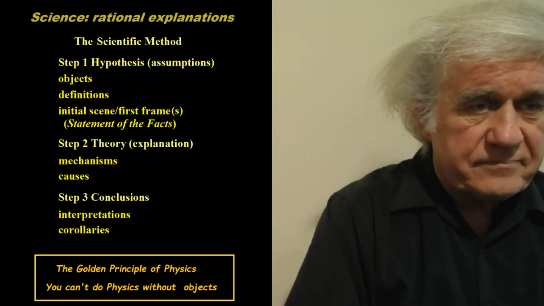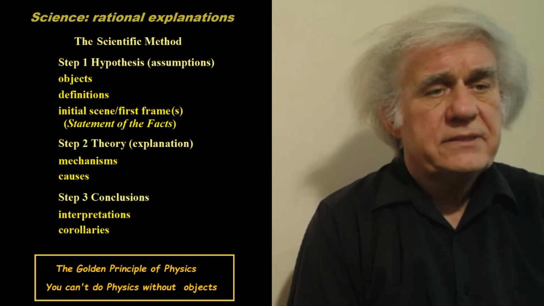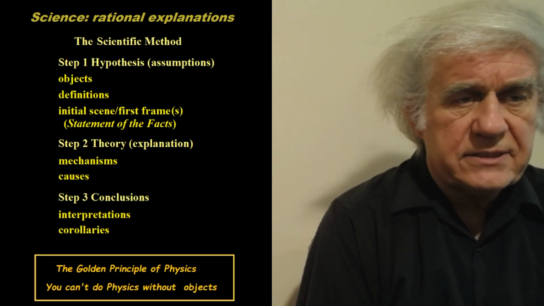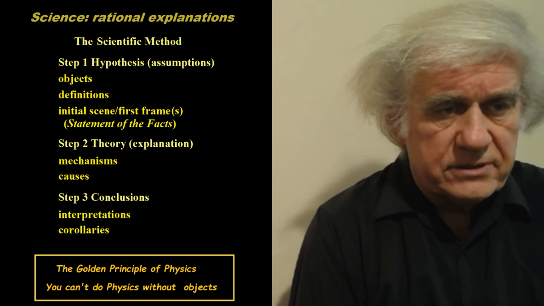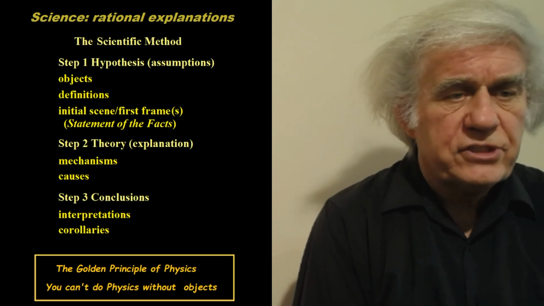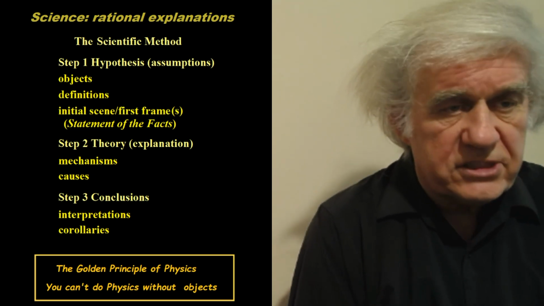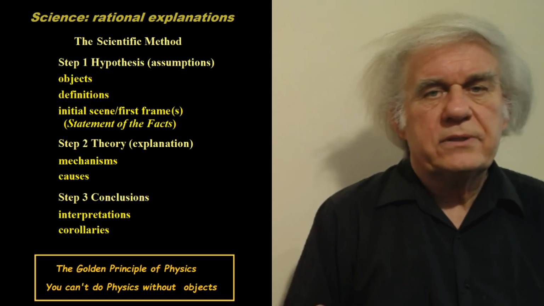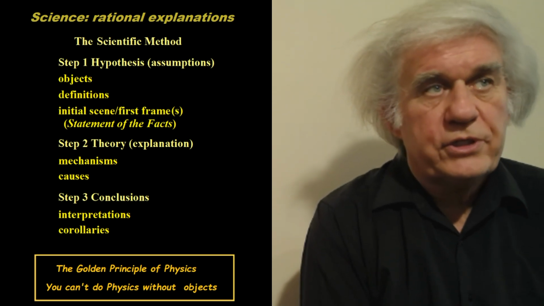So here we move on. This is how we do it in rational science. We say hypothesis. It's an assumption, a set of assumptions. And it's the objects, the definitions, and what we call the initial scene or statement of the facts. What is that? Well, you've got to show us what your starting point is, where your movie starts.